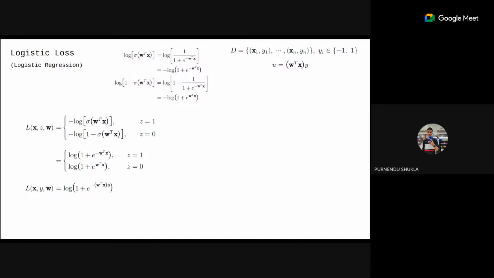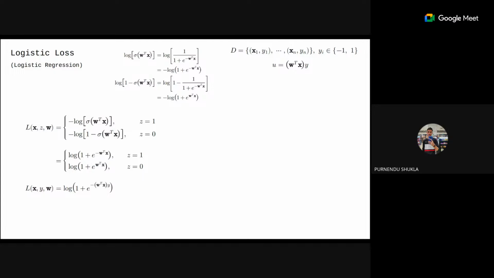This log of 1 plus e to the power minus w transpose x, you said that we will multiply it with positive 1 for y equal to 1. No, you tell me what you understand from these equations. Or rather, what is it you don't understand in these steps? Only then can we resolve it. I don't get the confusion actually. What is the confusion here?